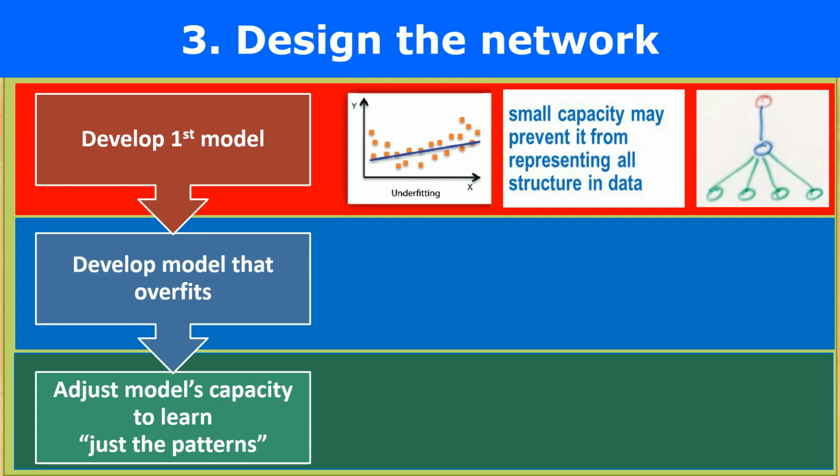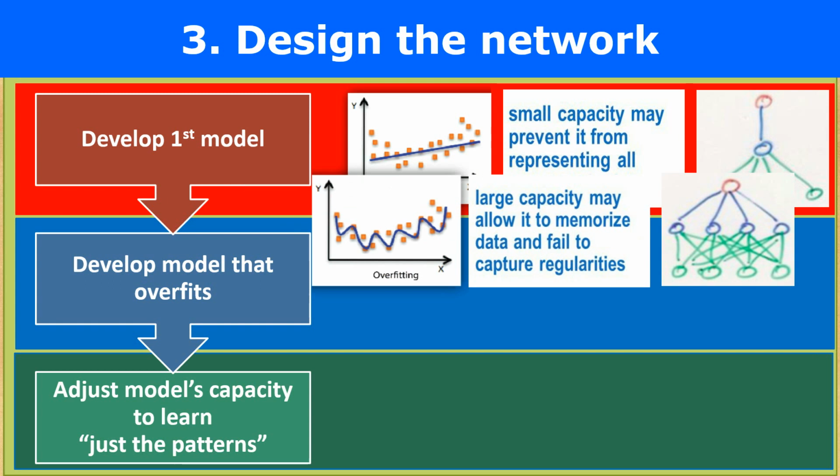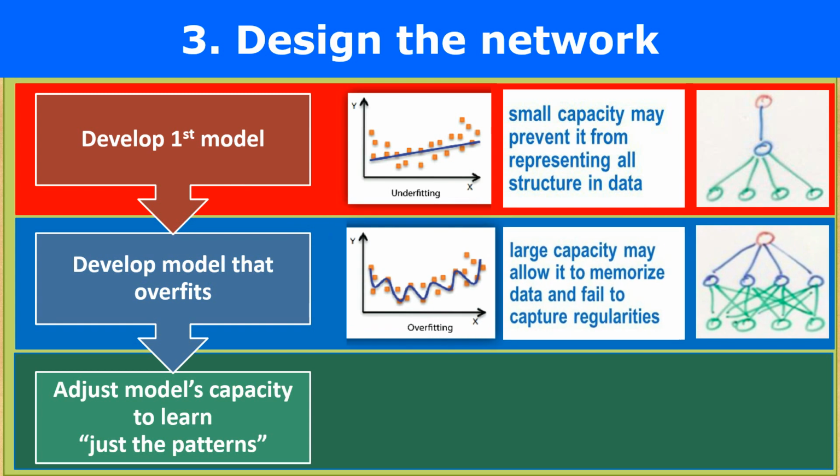So usually the first step is to start with a small model that underfits. To develop the network, we need to start with a first model. Usually the first model might underfit the data to be represented because of the smaller capacity, preventing it from representing all the structure in the data. Next step is to develop a model that is of slightly larger capacity, essentially enabling the network to learn the entire data set. Typically, such a network might memorize and overfit. That is perfectly fine.